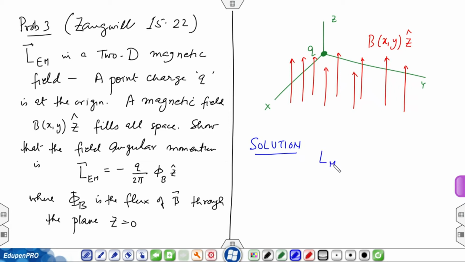L E m is given by epsilon 0 integration r cross E cross B integrated all over the place. How does this come about? This comes because I have 1 over mu 0 E cross B as the pointing vector.